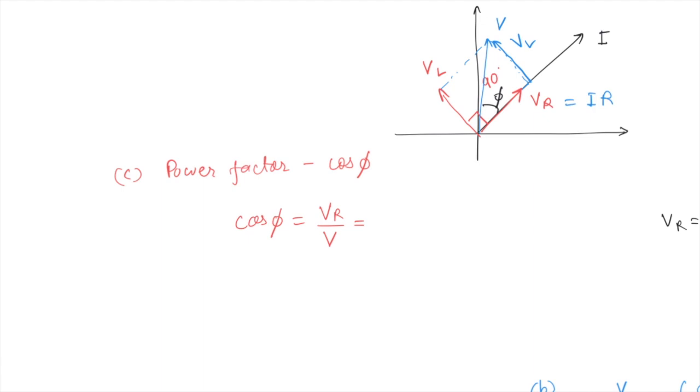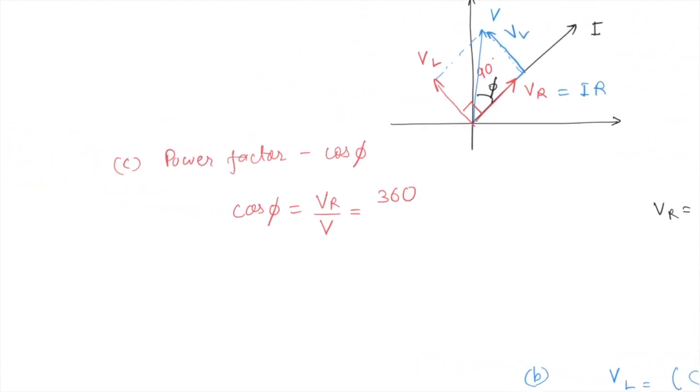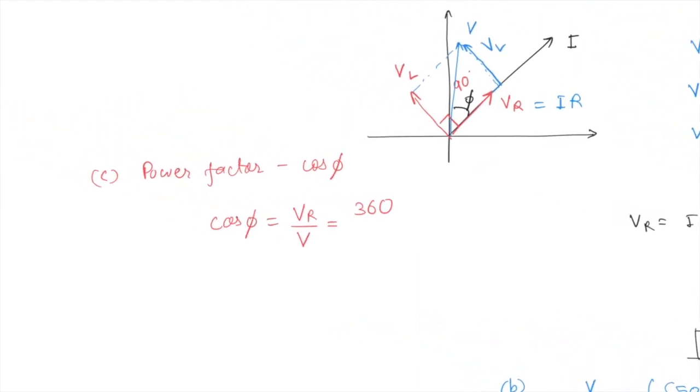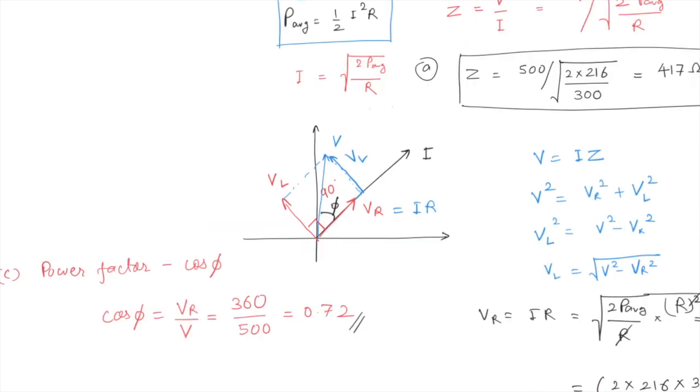So VR is, how much we got? 360. And V is 500, and it will come out to be 0.72. So this is our answer C, which was cos of phi, and which we got as 0.72.